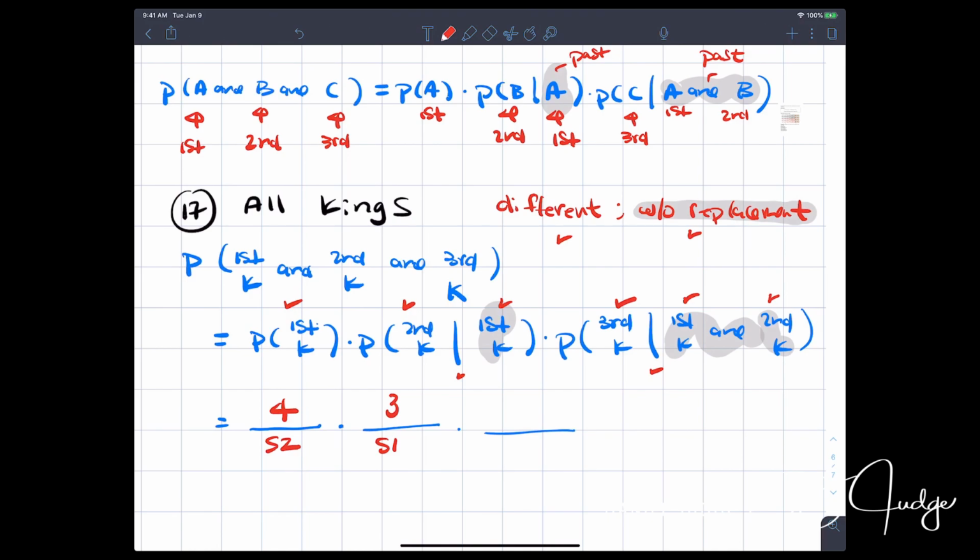So what do you guys think now for this last probability? And I'll give you guys some time because I know there's a lag here. What's the chance the third card's a king, given that the first 2 selections were kings and they were thrown out the window? What do you think that probability is going to be now?